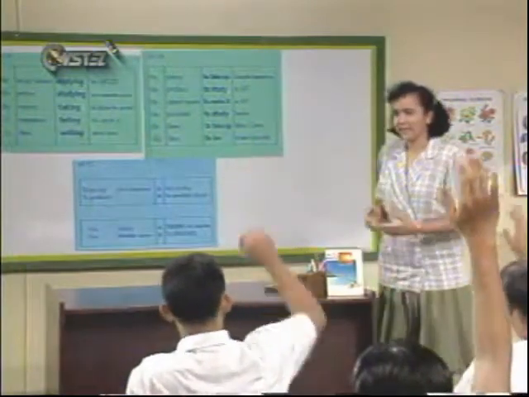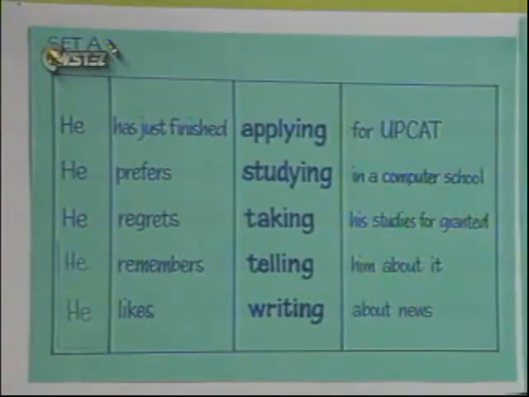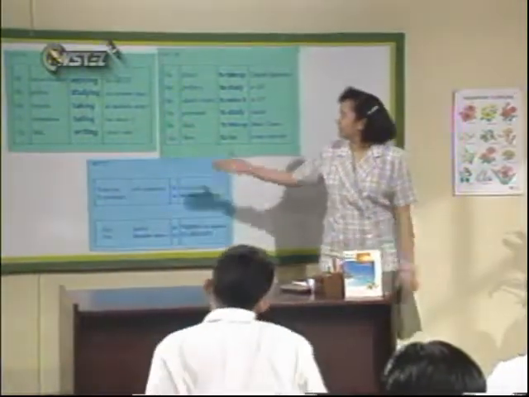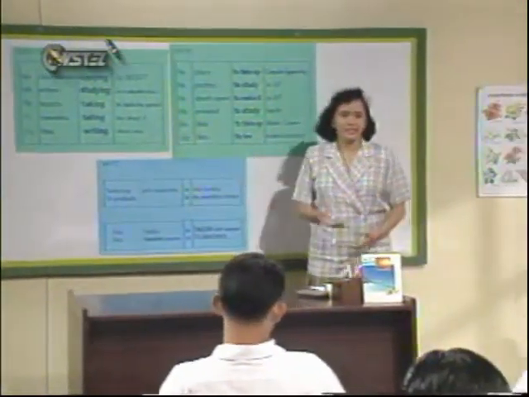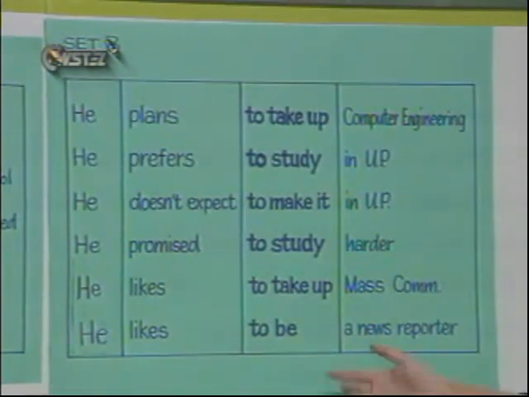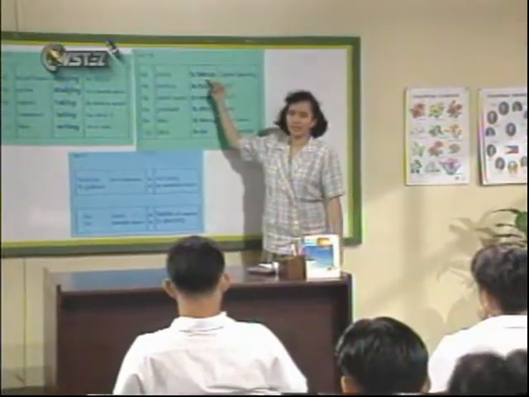Okay, anyone? Yes, Michael? The basis for the groupings in Set A is that the words ending in ing are grouped together. All right, very good. What about in Set B? Yes, Christian? Well, ma'am, in Set B, there are words using to followed by a verb. All right, so you have here to followed by the verb.